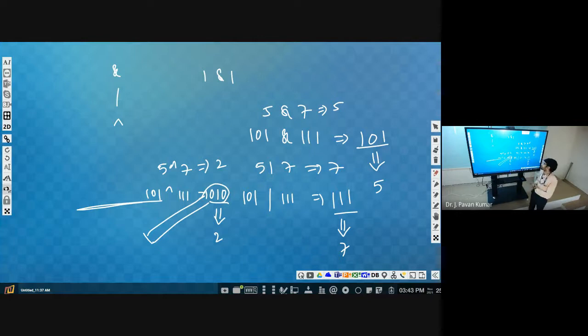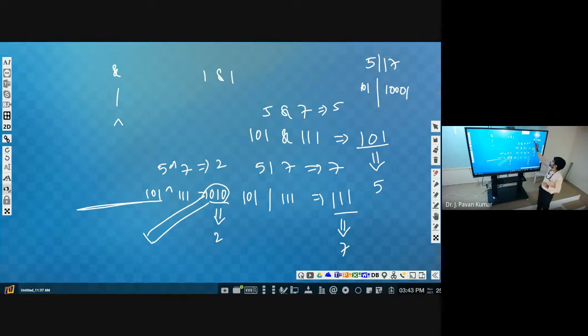Suppose if we have 17 instead of 7, 5 or 17, then 5 is 101. What about 17? 17 is nothing but 16 we have to write, then 0 0 0 1, 1 0 0 1.